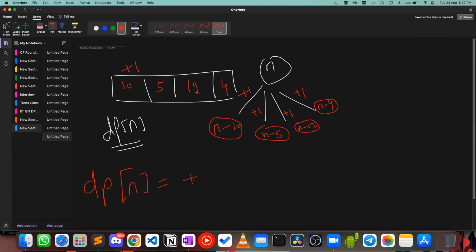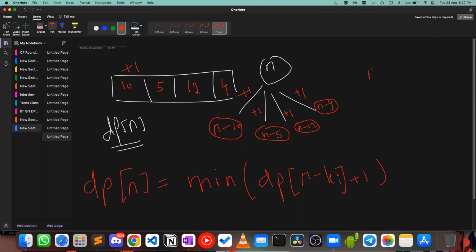You can just say, first of all, add +1 plus minimum of what? Or what you can do is represent it like this, in fact. Minimum of dp of n minus k, plus 1. You go for all the denominations that are available to you. You can represent it like n minus ki.